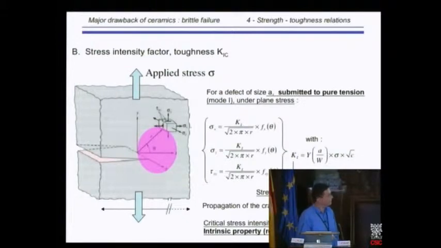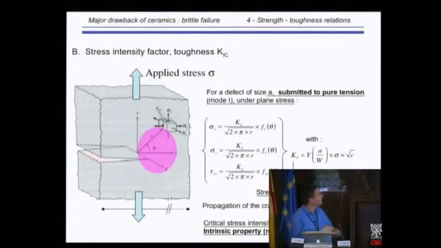And so we have a factor which is called the stress intensity factor, K1. The name is correct: the stress intensity factor means what the stresses are in the vicinity of the crack. We can calculate it, and it is given as a function of the applied stress. If there is no applied stress, there is no local stress here. It is also a function of the crack size, and also a function of the geometry of the crack.